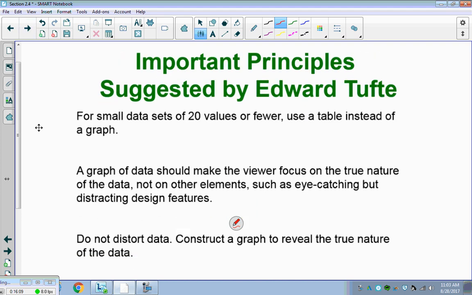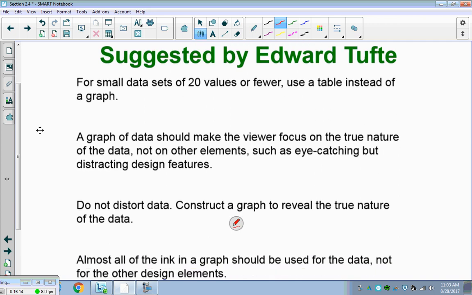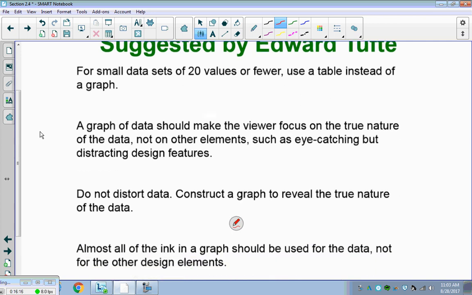So Edward Tufte has important principles about graphs. First off, if the data is a real small amount of data, just give me the data in a table. Just give it to me. I can handle that. Okay? It should focus on the true nature of the data and not elements that aren't really the data.